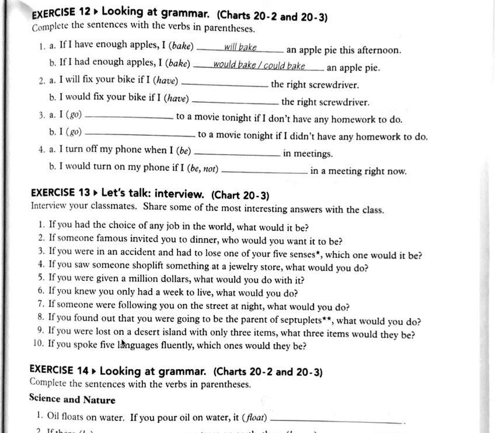If you were lost on a desert island with only 3 items, what 3 items would they be? If I were lost on a desert island with only 3 items, I would want it to be water, shelter, and food. And maybe a grammar book.